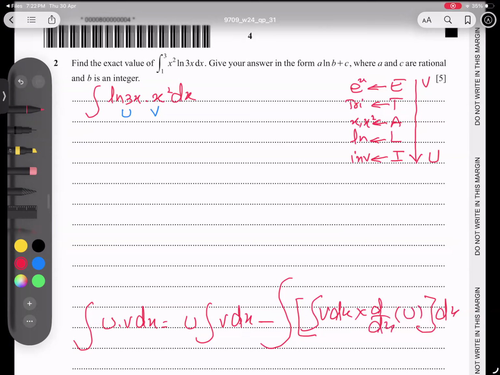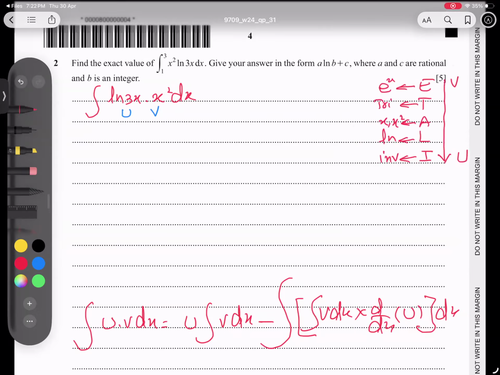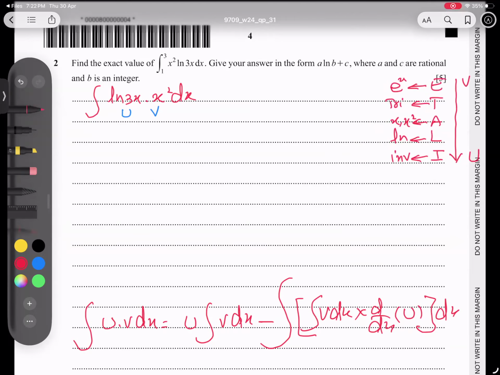So let's try to apply, students. Okay, this I just drag slightly to the right side. Now applying, u copy, I mean ln 3x copy, into integration of x square, minus a big sign of integral, bracket starts, ends, and dx. Again, integration of x square, multiplied by differentiation of ln 3x.